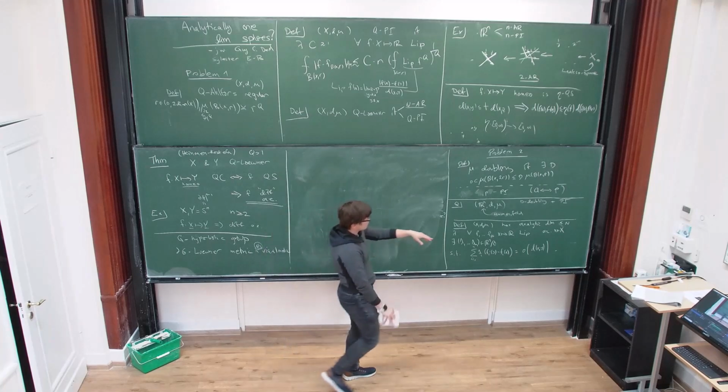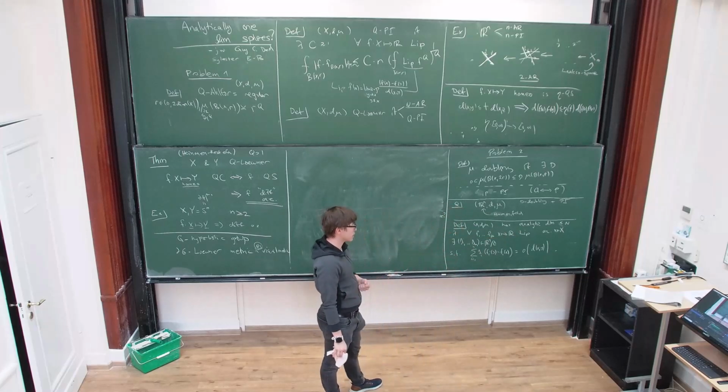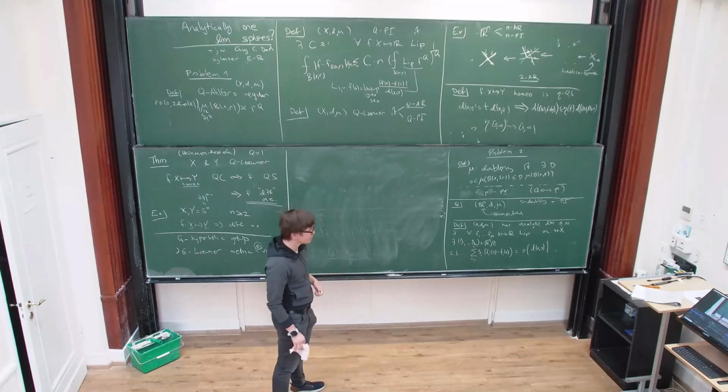And so here, there's a strict inequality, but just like with topological dimension, we define a notion that a space has analytic dimension d if it has analytic dimension less than d plus 1, and that's the smallest constant for which it has analytic dimension less than that.